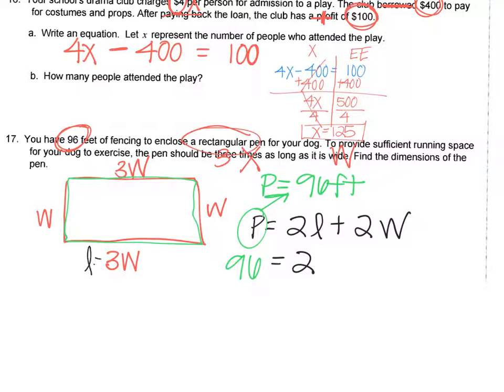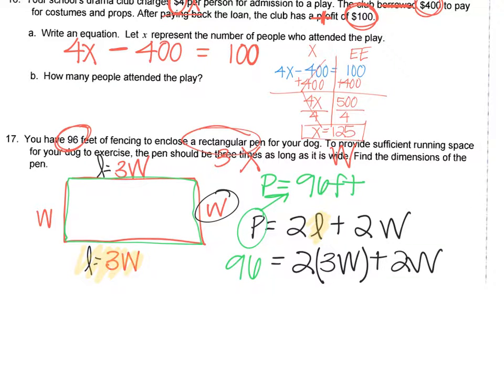Well, this is our length, 3W. So 2 times, instead of putting L, I'm putting what we have for L. And we have 3W for L. So 2 times 3W. Plus 2 times, we don't know what W is, so W is just staying W.